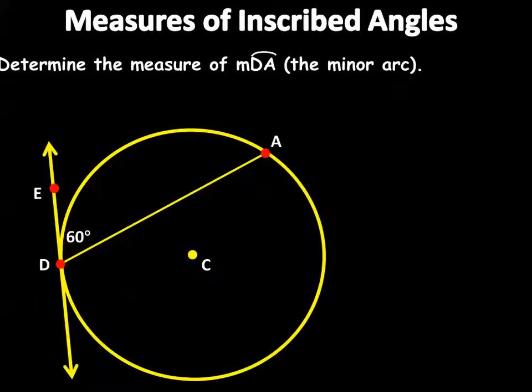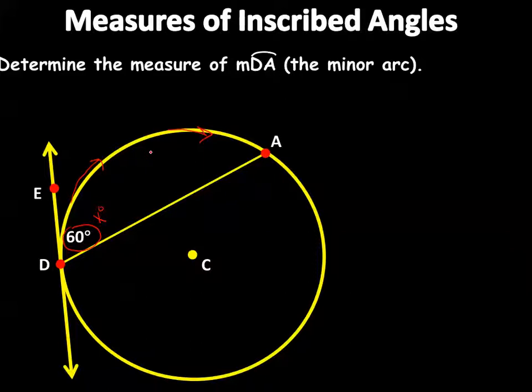Now they want me to determine the measure of arc DA, which goes just from right here, so it's a little minor arc. They told me that the measure of the angle is 60. Because the measure of the angle is equal to 1/2 the measure of the intercepted arc, we can also say that the measure of the arc is equal to twice the measure of the angle.